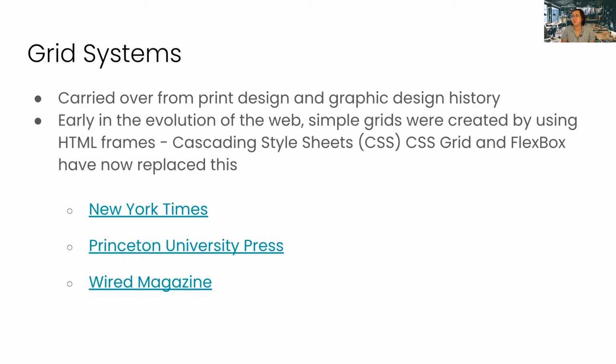So first, let's talk about grid systems. These are carried over from print design. If you were to look at a newspaper, you would notice that everything is neatly organized into columns. What's fascinating about newspapers is that they can get away with really narrow column space because a reader is always going to be able to track what they're reading because of that narrow column.